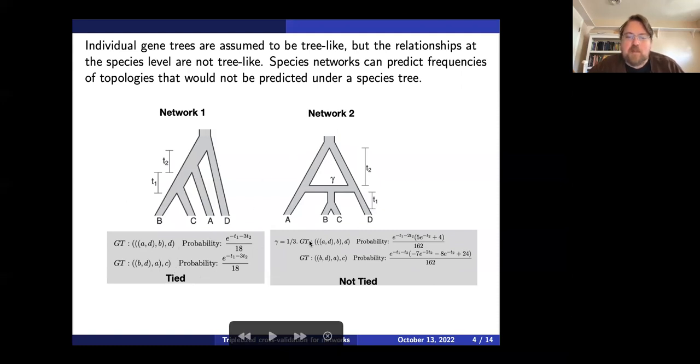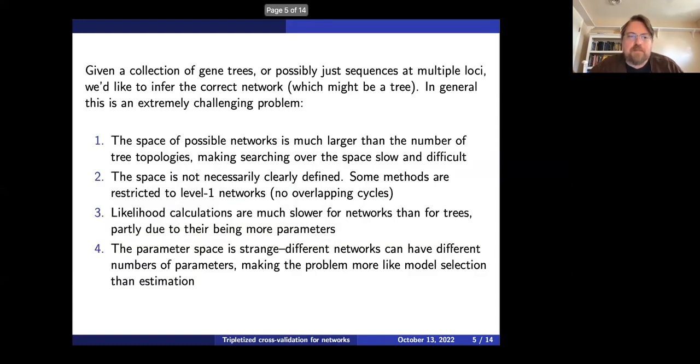So this is just an example of a couple of probability calculations for gene trees given these two networks. In this case, here are two gene trees that have identical probabilities under this gene tree, but they don't have identical probabilities under this network.